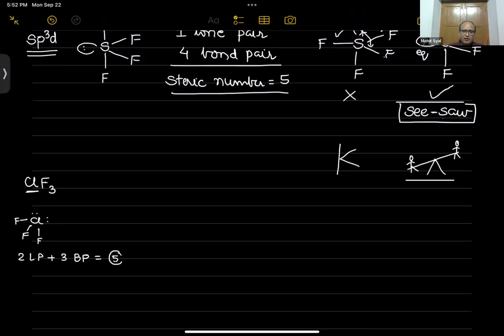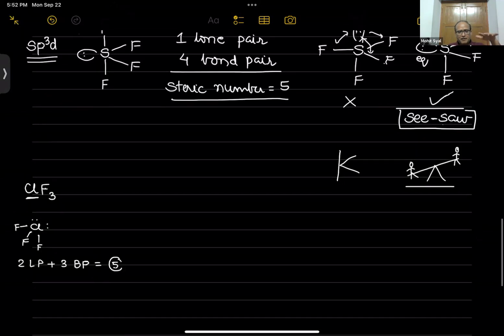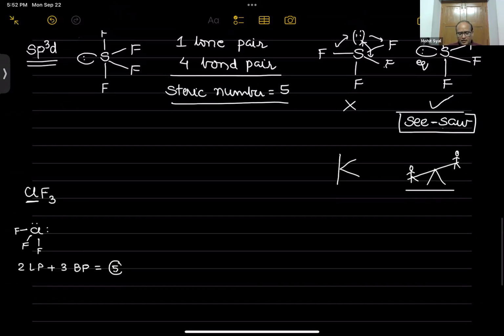And I told you where to put the lone pair. In the equatorial plane. In trigonal bipyramidal, always put the lone pair in the equatorial plane. So it is going to be like this. Yes, sir.